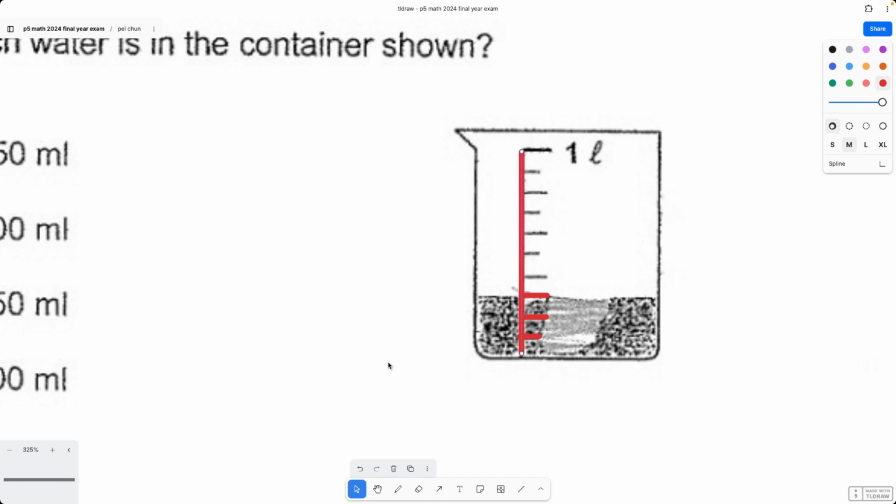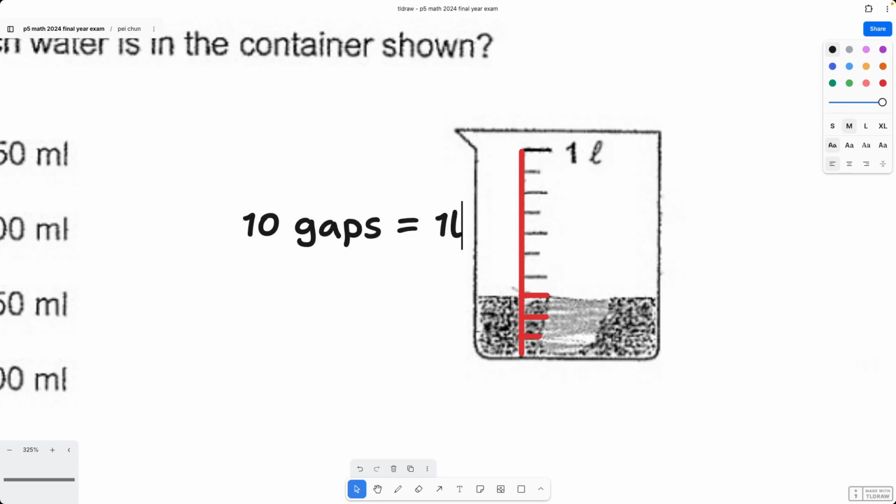We want to see how many gaps. We've got 1, 2, 3, 4, 5, 6, 7, 8, 9, and 10 as well. So there are 10 gaps.